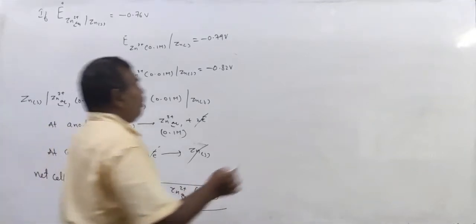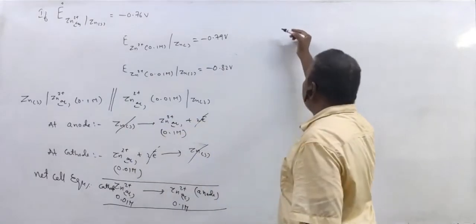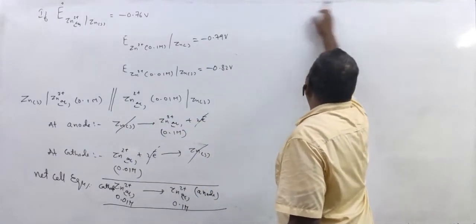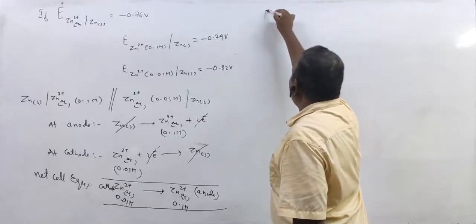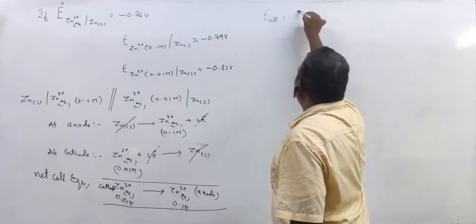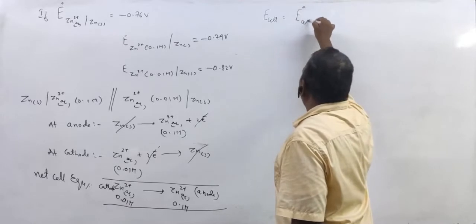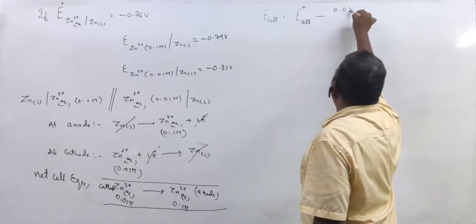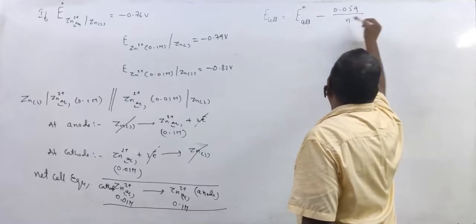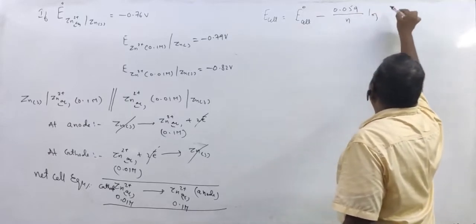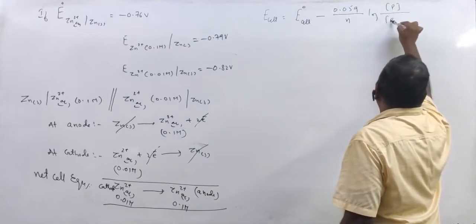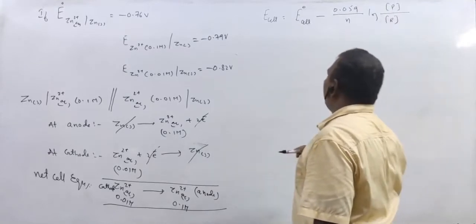Okay. Now apply the Nernst equation. E cell is equal to E naught cell minus 0.059 by n log of the product of concentrations of products by the product of concentrations of reactants.